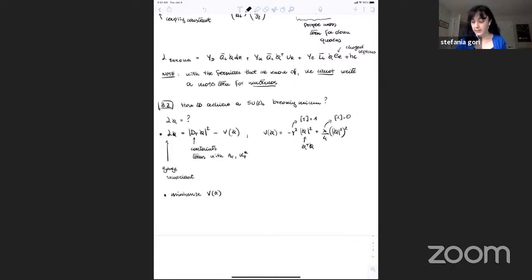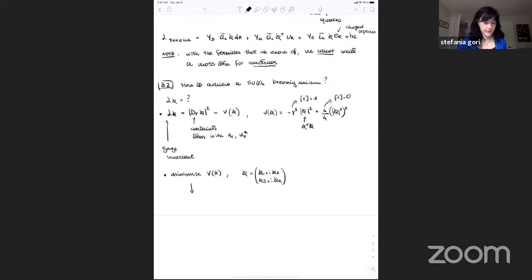This is a relatively simple exercise. Since phi is a complex SU2 doublet, it is composed of 4 real scalar fields that I can write in this way, just in components.